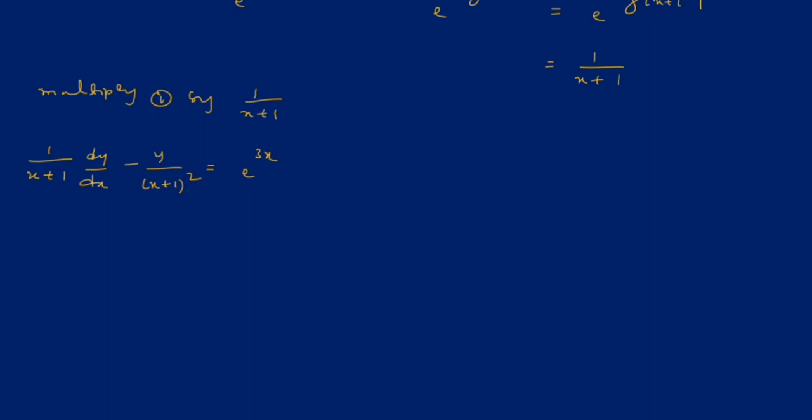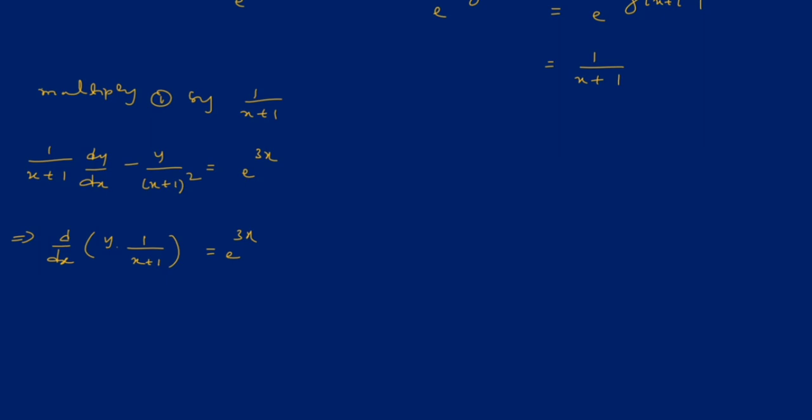It is very important: we have to convert it into the form of u into v only. So y into 1 upon x + 1 equals e to the power of 3x. Now it is in the form of u into v. After differentiating, you will get the same term as in the above equation.